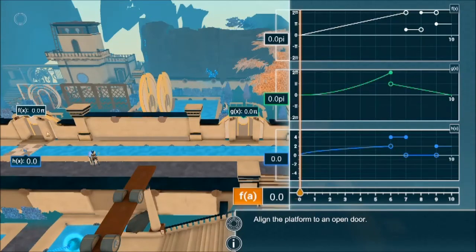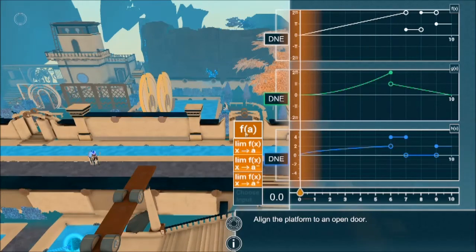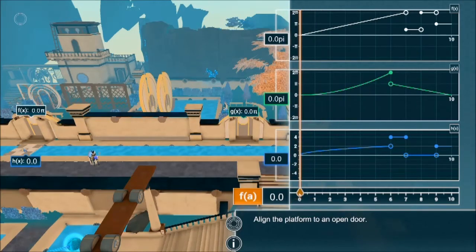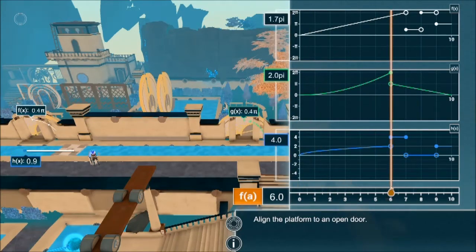So again, in this case, we want that door open whilst keeping this here, or that door open whilst having that in front of there. And now we have those limits, so that's where this stuff comes more in handy. So if we move it to, let's say, here, how does that end up working?